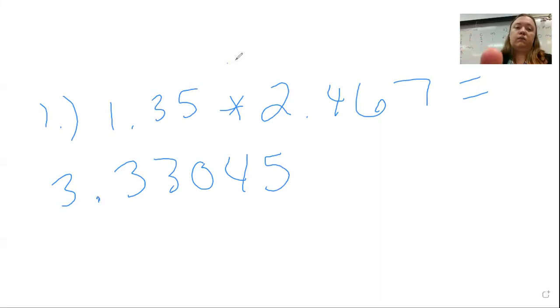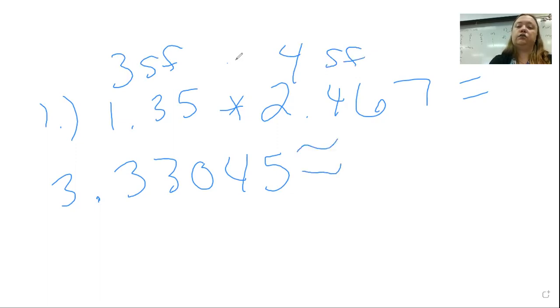So we need 1.35. I forgot to walk you through this, but 1.35 has 3 significant figures. 2.467 has 4 significant figures. So we need our answer rounded to 3 significant figures.